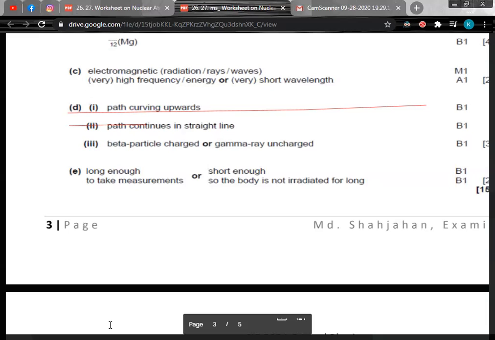Long enough to take measurements. Here, the 'or' part you write. Right side one you write.